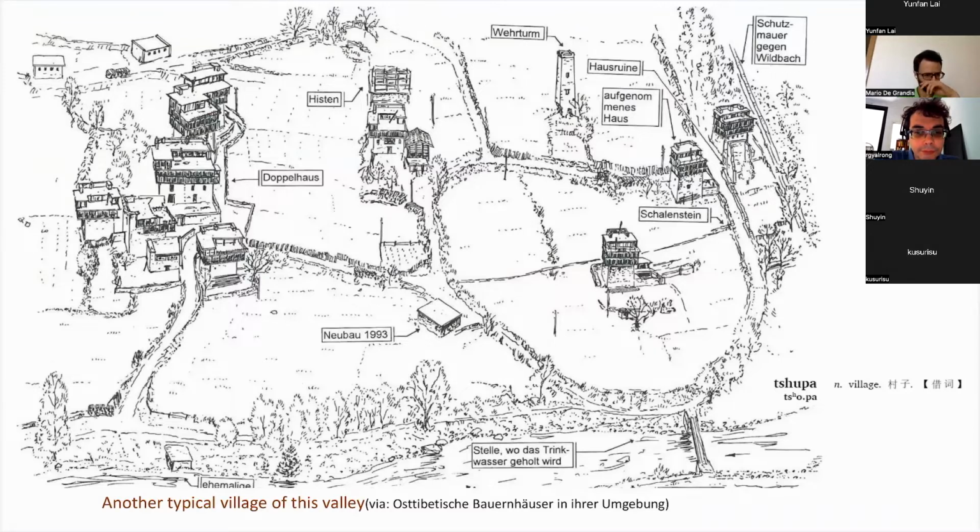We can see each tower house owns its own fields, and the fields have quite clear boundaries, built by fences or short stone walls. And some houses also have their own small vegetable gardens, enclosed by low stone walls.